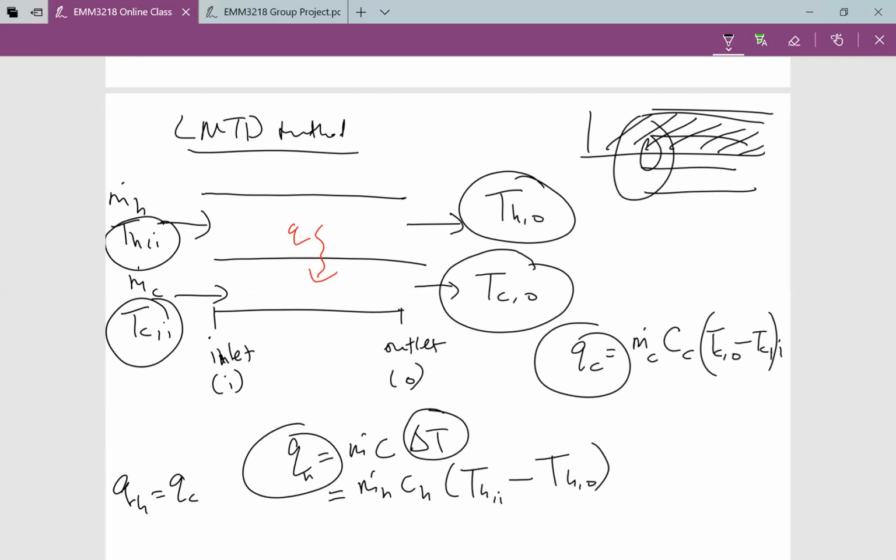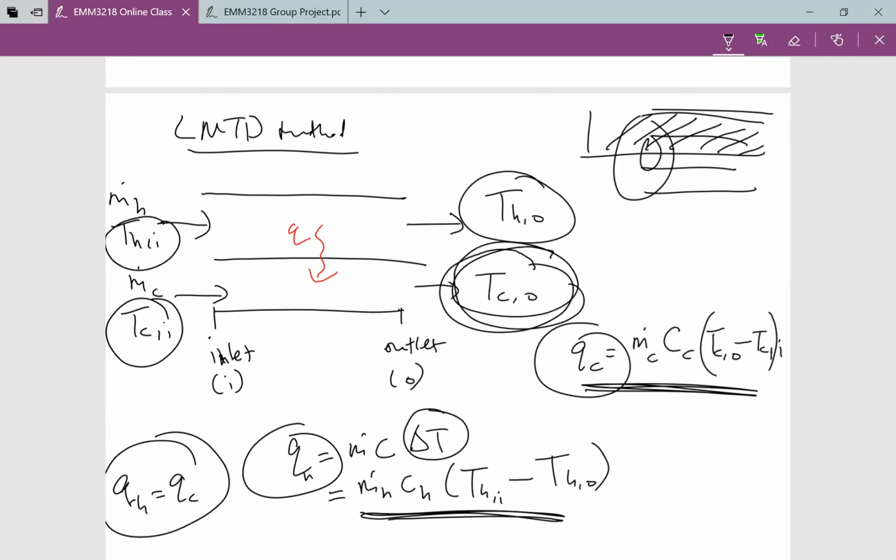Okay, so sometimes you want to use this equation, sometimes this, sometimes you have to make it equal because of this relationship in order to get your unknown. For example, if the unknown is the T cold outlet, it appears in here, which means you need the information on T cold inlet, M dot, C, and Q. Maybe you don't know Q, but you can get Q from the other Q here.